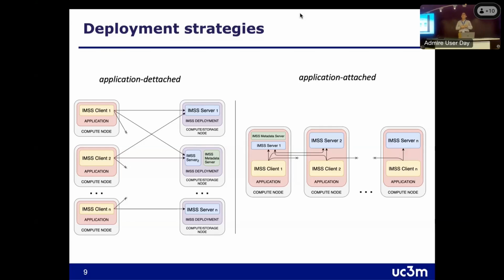That way, we can use those servers to exchange information between the different stages in a workflow without many problems, okay? The only problem with the detached deployment is that we have to control the layout of the servers if we want to apply malleability, and then we have to extend and shrink the servers with an external mechanism that is not directly linked to the malleability of the application.